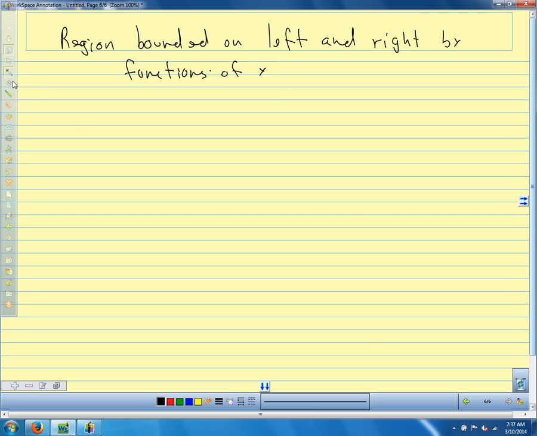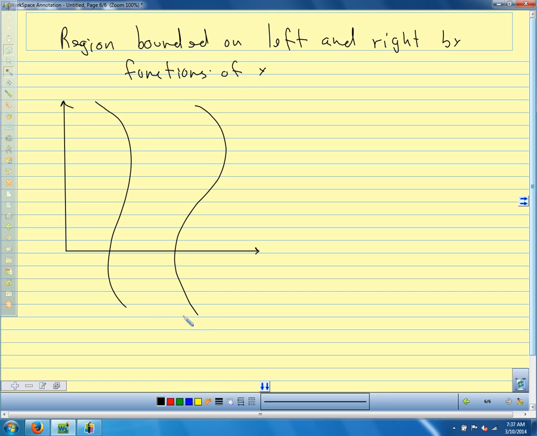We will do integrals in both ways. It just depends on how the problem is presented and how we set it up, and sometimes we can choose how we want to do it as well. So if we have some function of y, this is h1 of y and h2 of y, just like we did before, and we're going from y equals C to D.